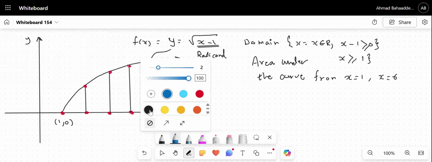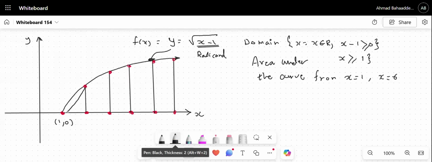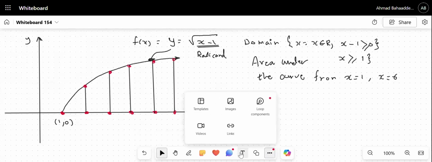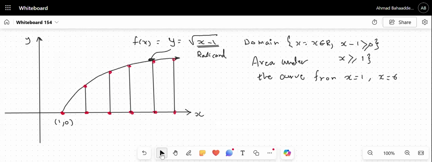I would like to make it a straight line, and I don't know if it's possible to make it exactly straight. Otherwise, let me just try something else using some of the lines we have.